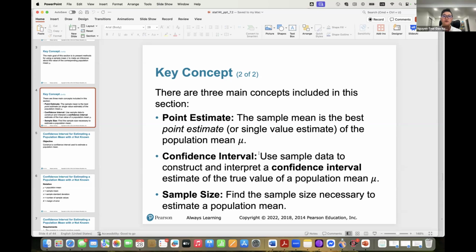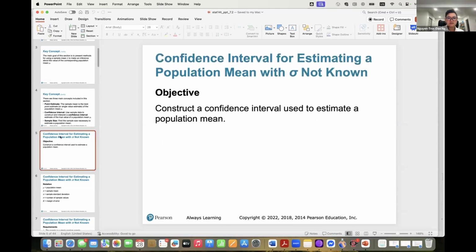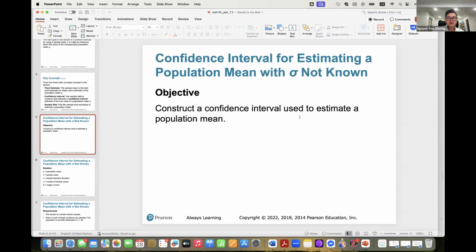The second concept, confidence interval: we use sample data to construct and interpret a confidence interval estimate of the true value of a population mean mu. And the sample size: find the sample size necessary to estimate a population mean.